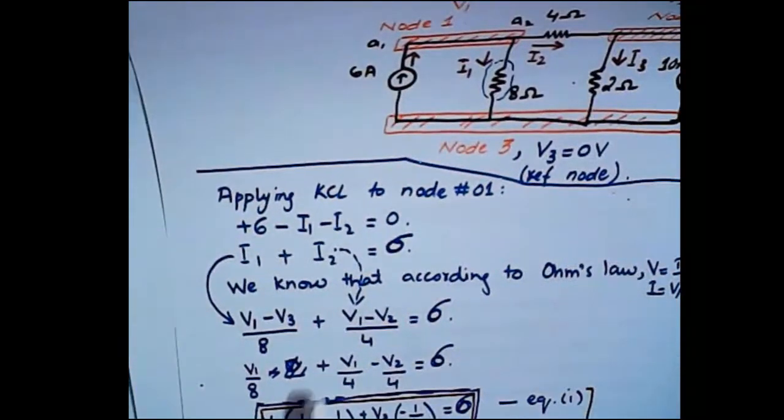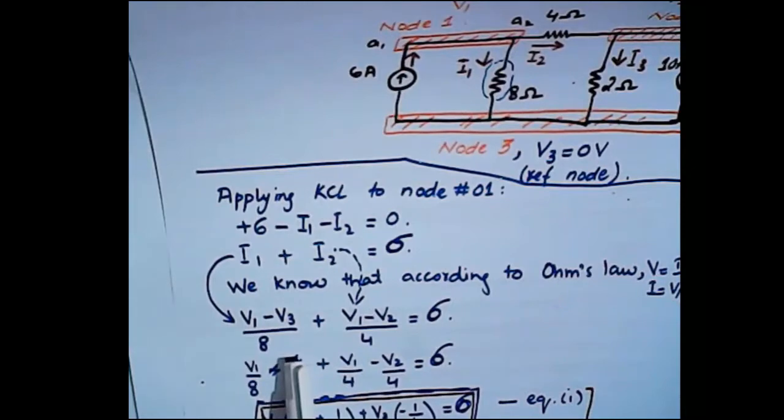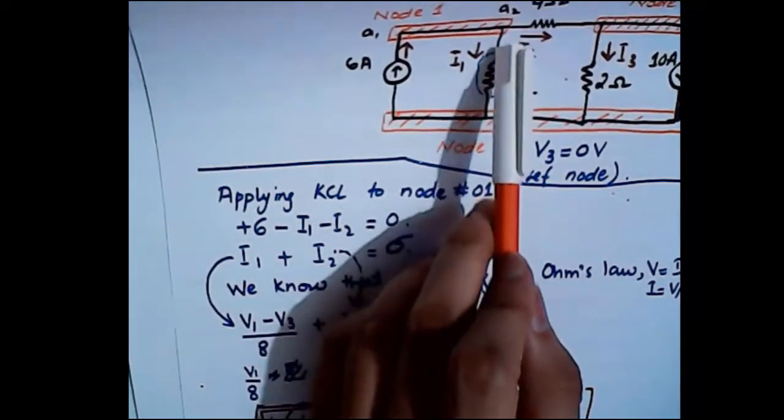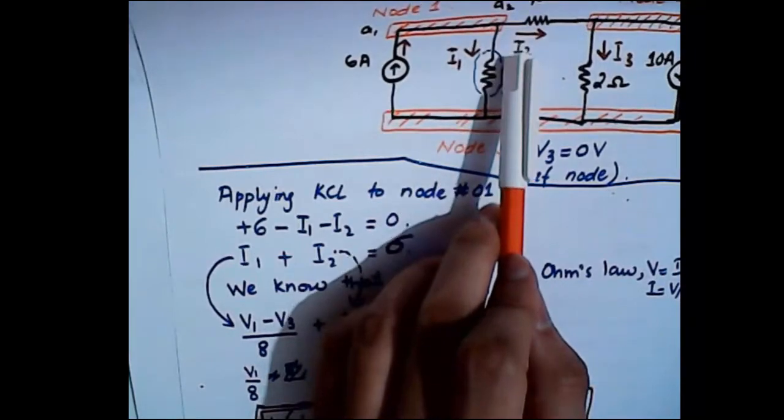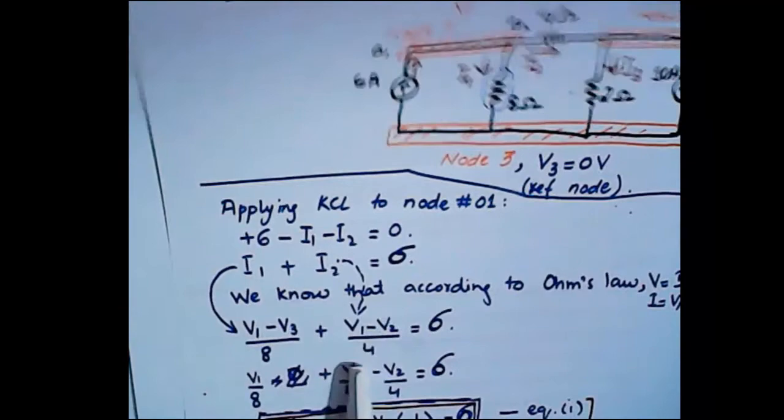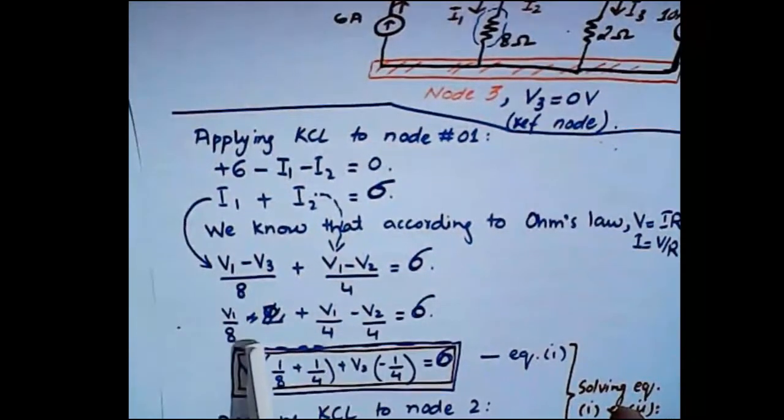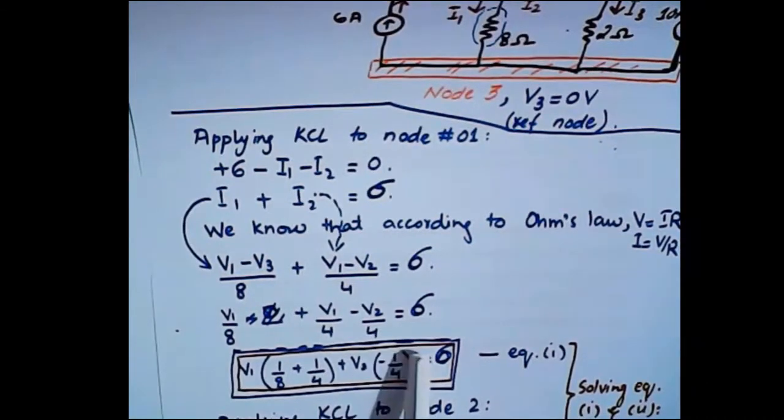Here it is V1 minus V3 divided by 8. Similarly, the voltage difference responsible for flow of current I2 will be V1 minus V2 divided by 4, which is equal to 6. We have separated out the values of V1 and V2, right?